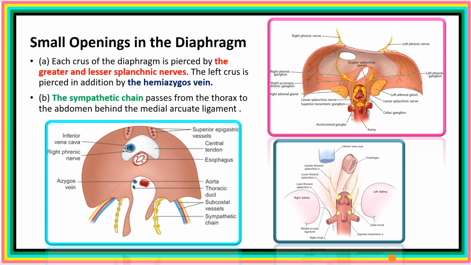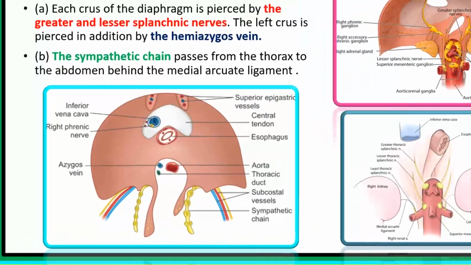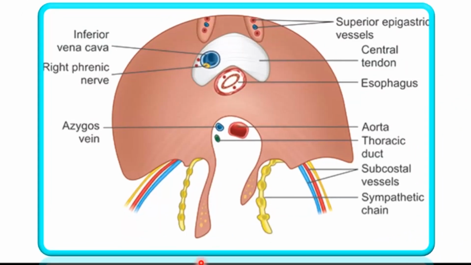The next structure to consider is the sympathetic chain. Now, the sympathetic chain will be seen to be passing from the thorax to the abdomen behind the medial arcuate ligament. Now, this structure here shows the right crus here and the left crus.